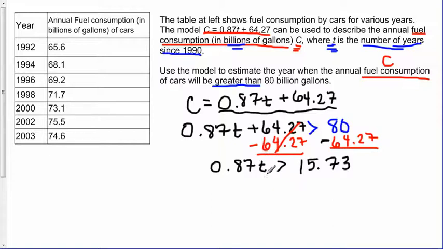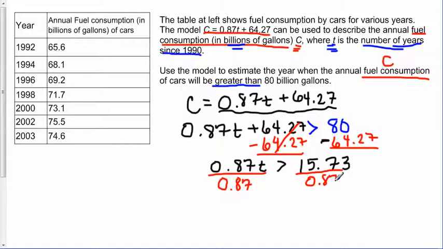Remember, our goal is to get T by itself. So now we need to clear out that 0.87 that's holding on by multiplying. So we're going to divide both sides by 0.87. Always use the opposite operation to clear it over to the other side.